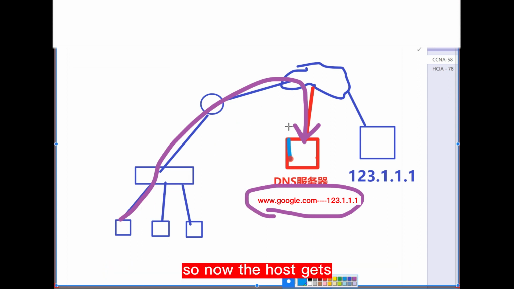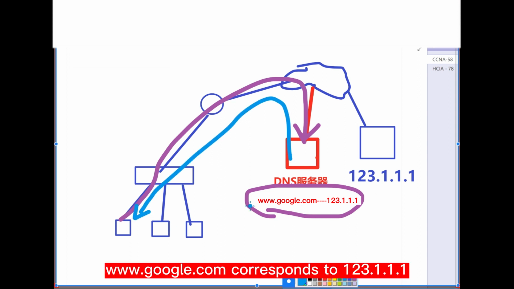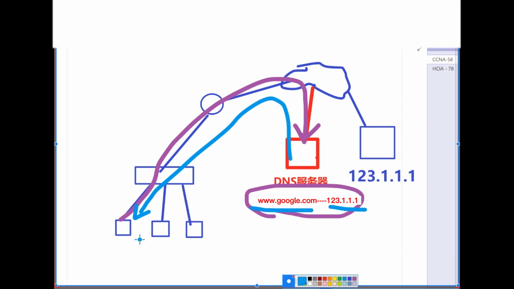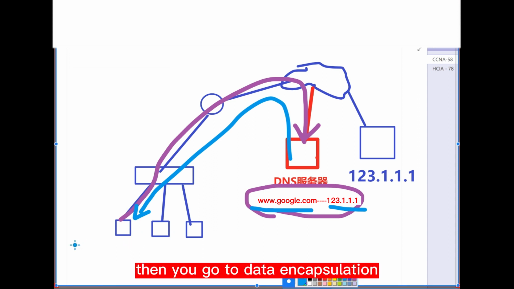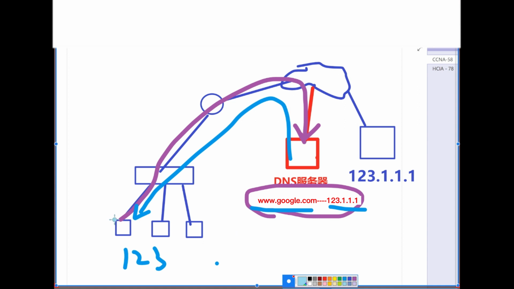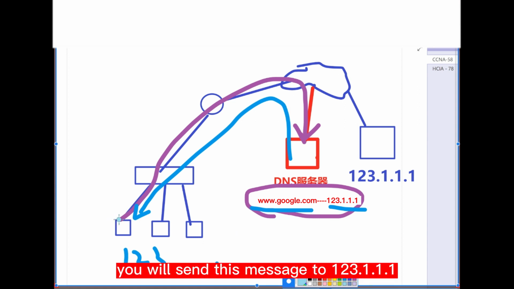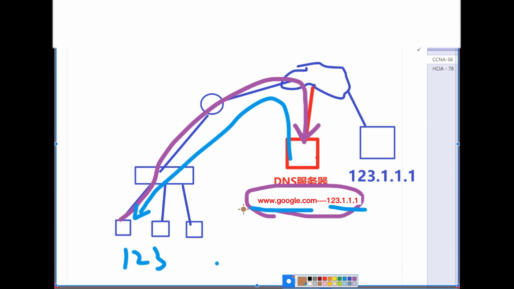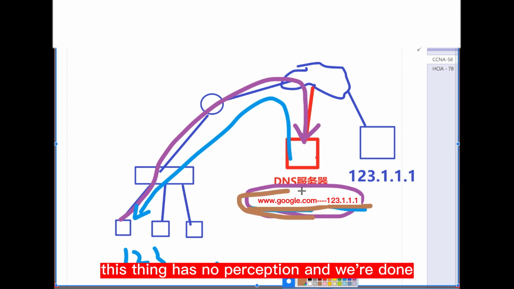So now the host gets that www.google.com corresponds to 123.1.1.1. Then you go to data encapsulation, and only then will the destination IP be written as 123.1.1.1, which means you will send this message to 123.1.1.1, instead of sending directly. But for us, this process has no perception.